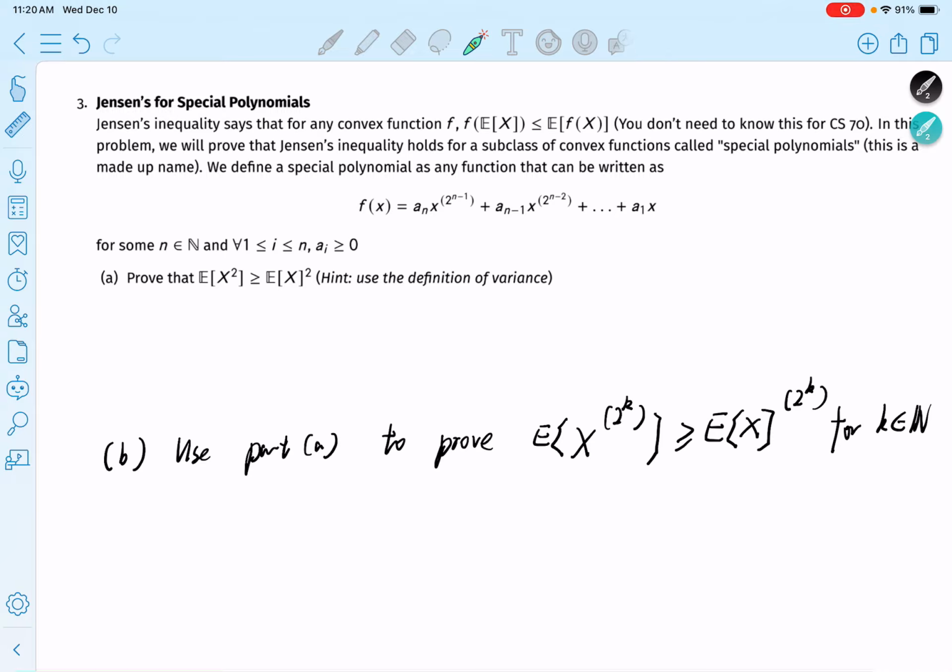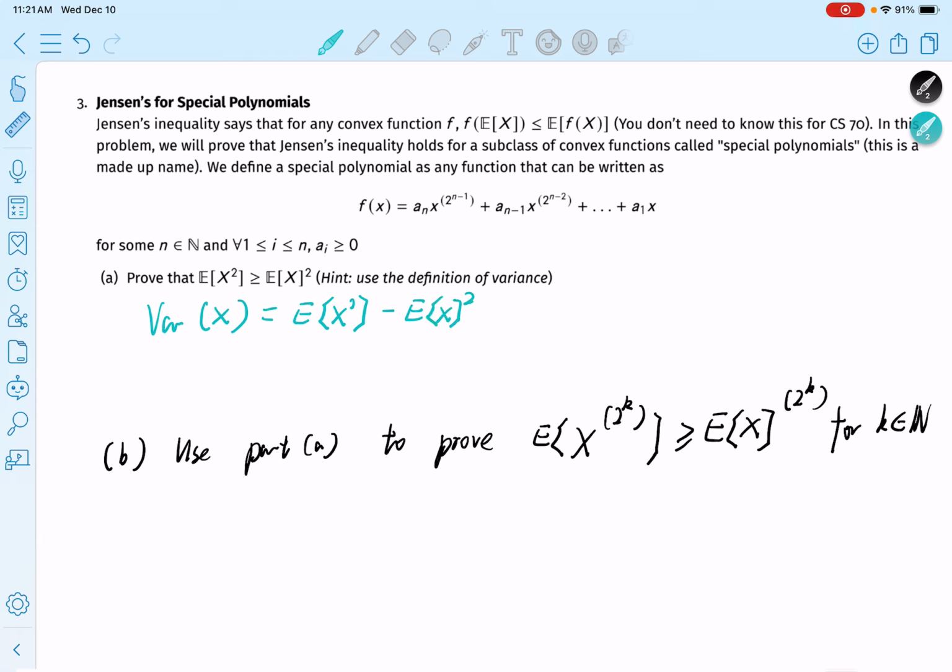Prove that the expectation of x squared is greater than or equal to the expectation of x, squared. A hint is to use the definition of variance. So let's just use the hint and write down the variance. The variance of x is equal to the expectation of x squared minus the expectation of x, squared, right?